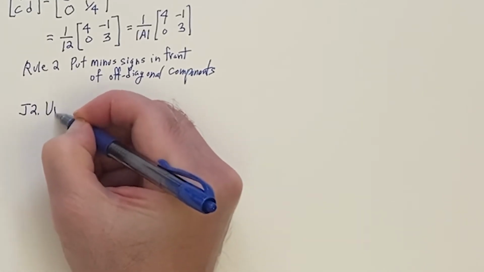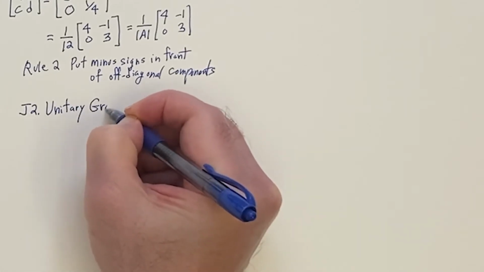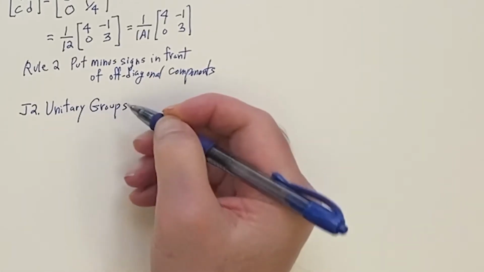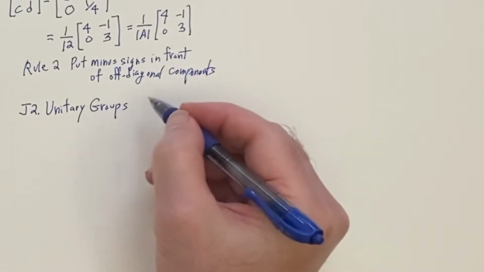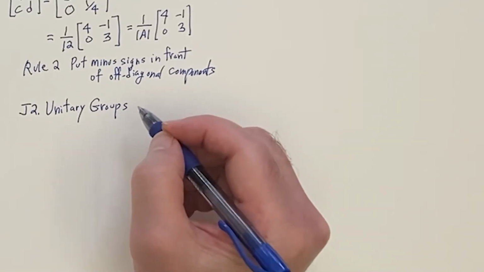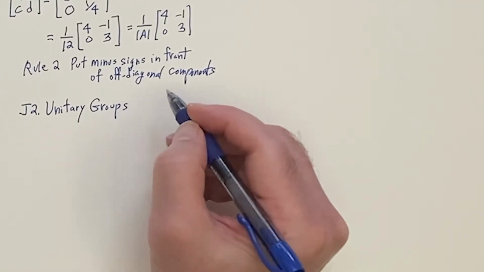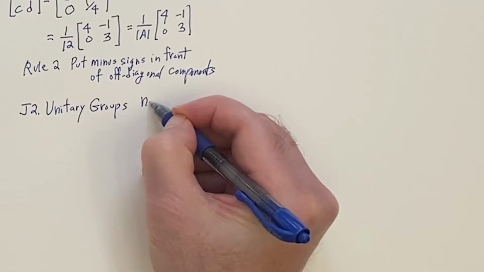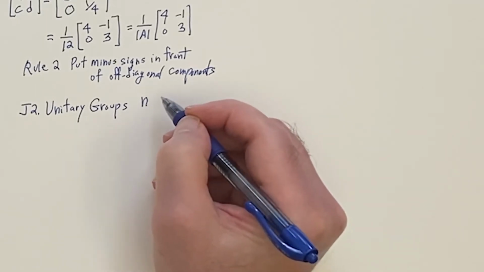And these are the unitary groups. Now, matrices will form groups. You could, for example, take matrices, and they all have to have inverses when you do this.